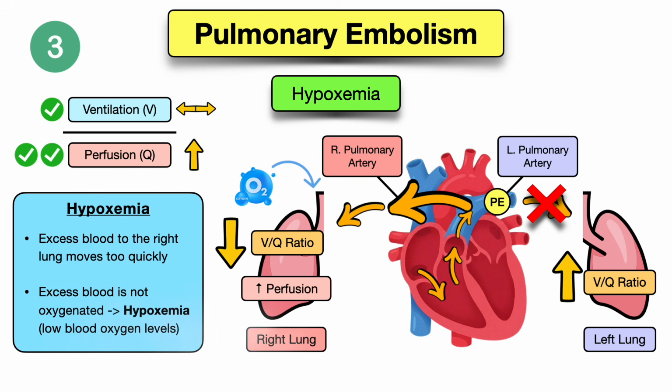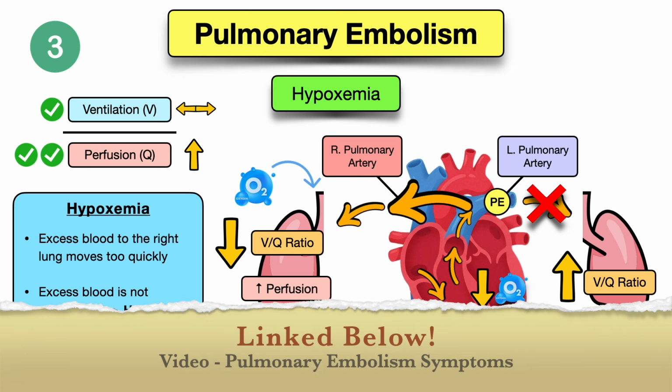The massive influx of blood to the right lung moves too quickly past the alveoli, and the available oxygen in the lungs is not sufficient to oxygenate the excess blood. This means poorly oxygenated blood is returning to the rest of the body. The low oxygen level in the blood is called hypoxemia. You can see how this will cause symptoms like shortness of breath. We're going to talk about the symptoms in the next video, which is linked down below.